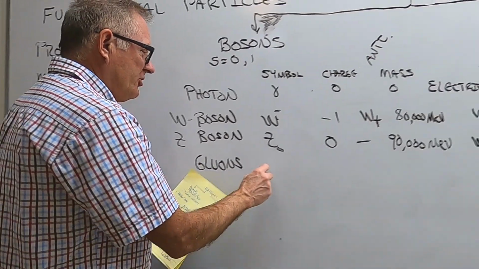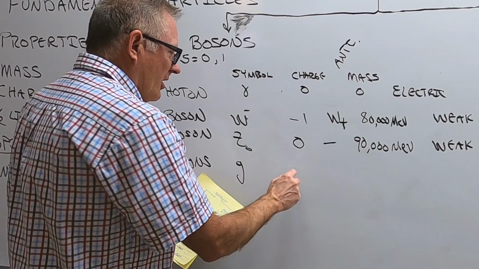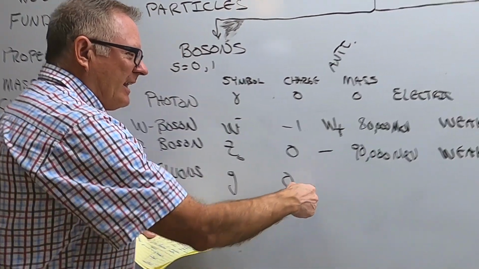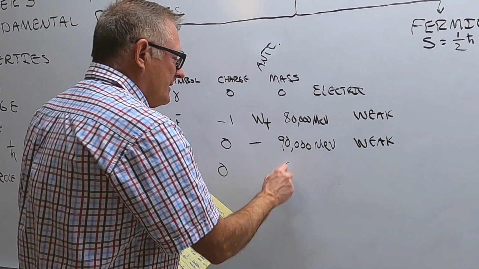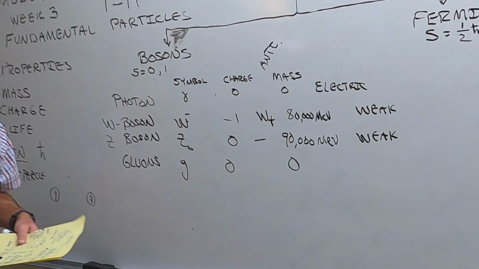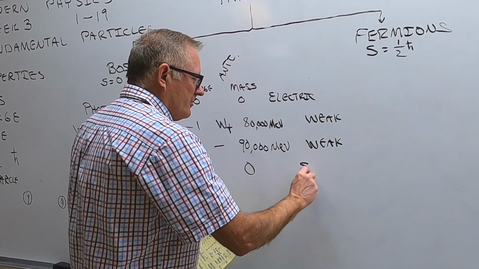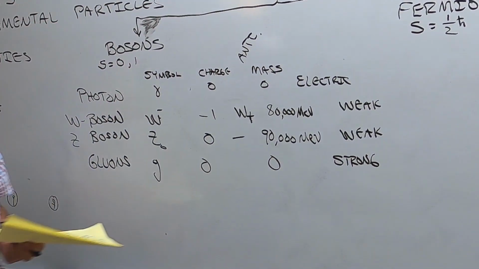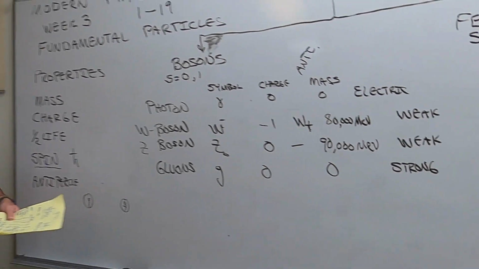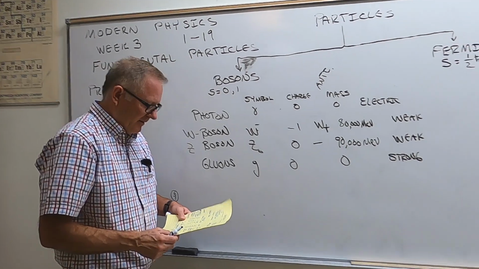You just use a little g. They don't have any charge. They don't have any antiparticle. They have no mass, 0 mass, and they mediate the strong force. So they're inside the proton, holding the strong force in.